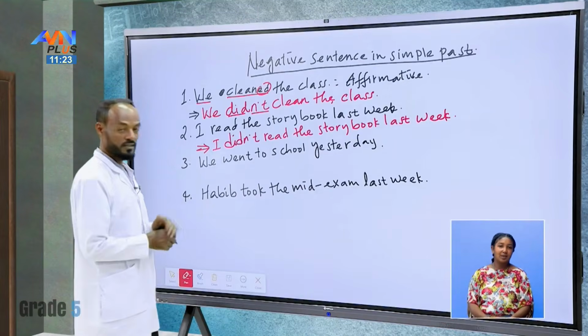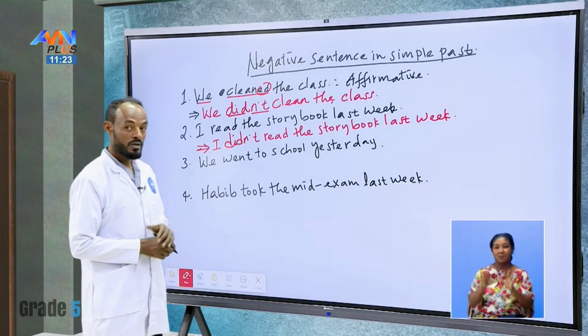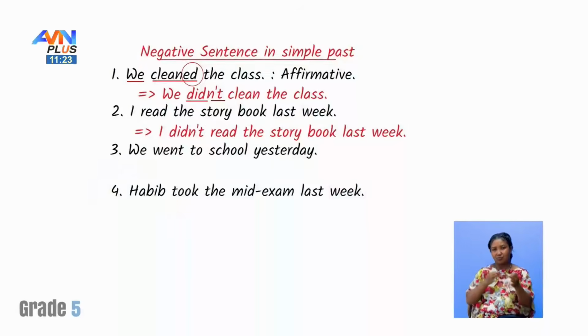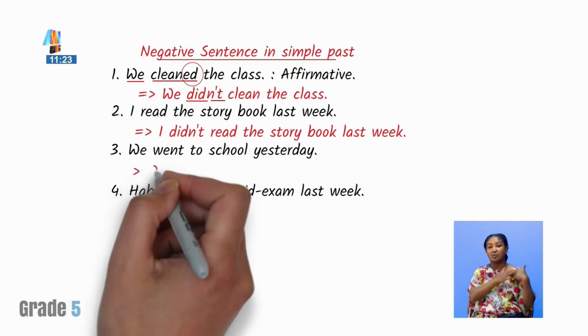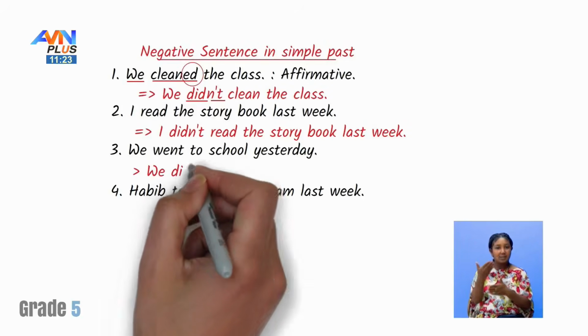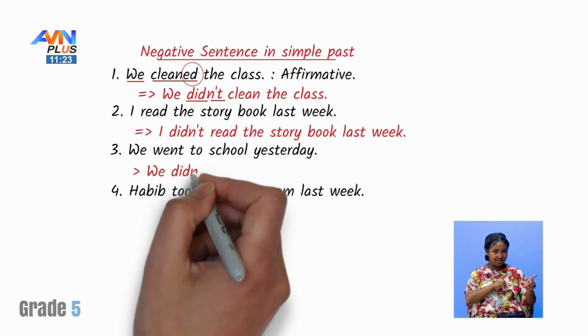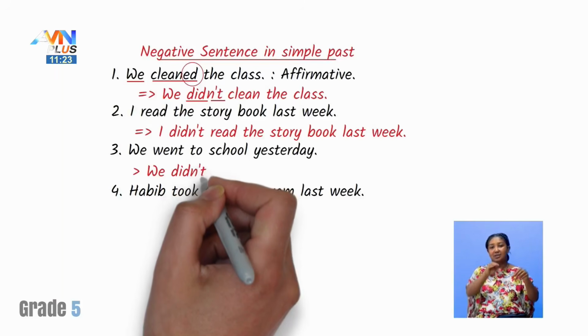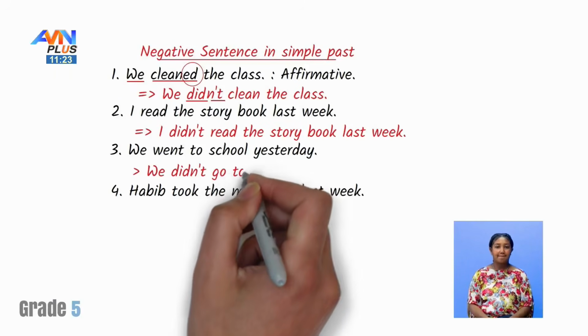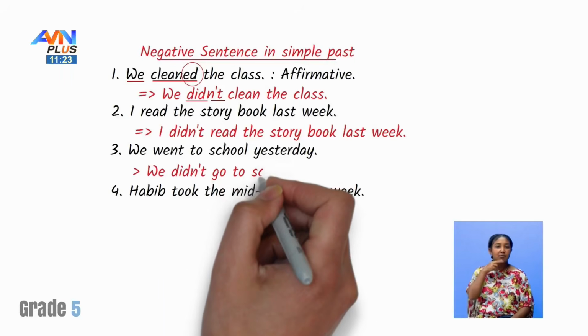So let's change into negative forms. As we've discussed so far, we have to start from the subject, isn't it? We, then did not. We did not or we didn't, can be said. We didn't. What is the verb form of went?